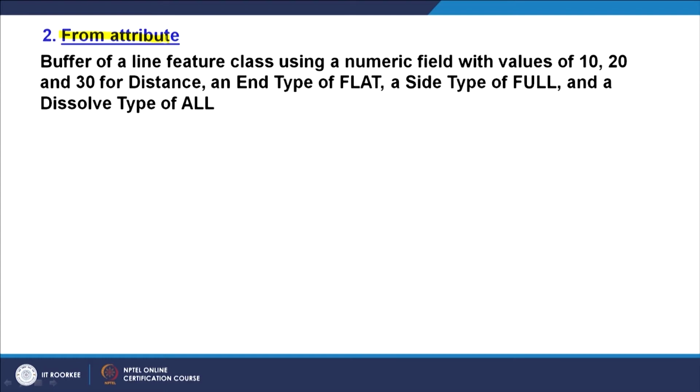In the previous example there was a fixed width. Now, values are varying: 10, 20 and 30 from the center of the road. The end type is flat, that means it is in flat terrain, and for all sides I want the full expansion or buffer generation, and it is dissolved type.